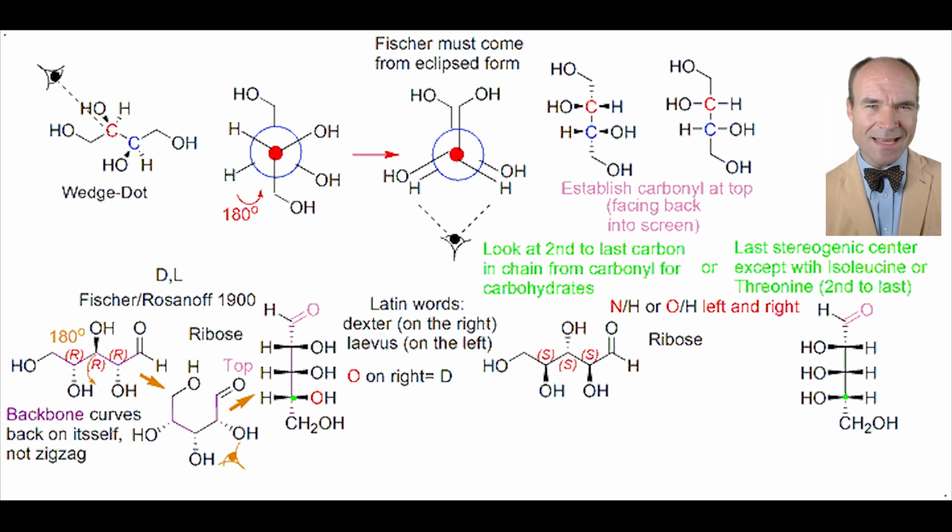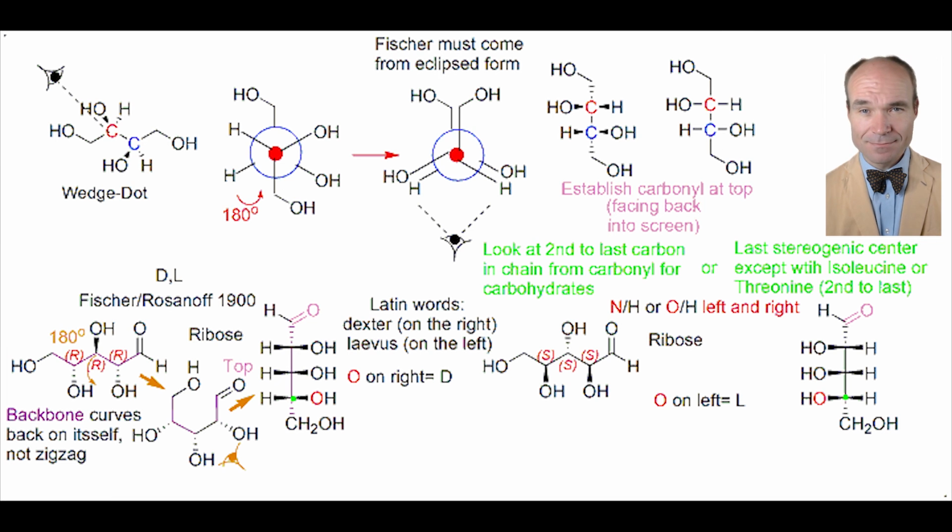So, is the highest priority group, hydroxyl for carbohydrate and amine for amino acid, to the right or left? In this case, the hydroxyl is to the left, thus Laevus, abbreviated to capital L. This again is the formal Fischer projection.